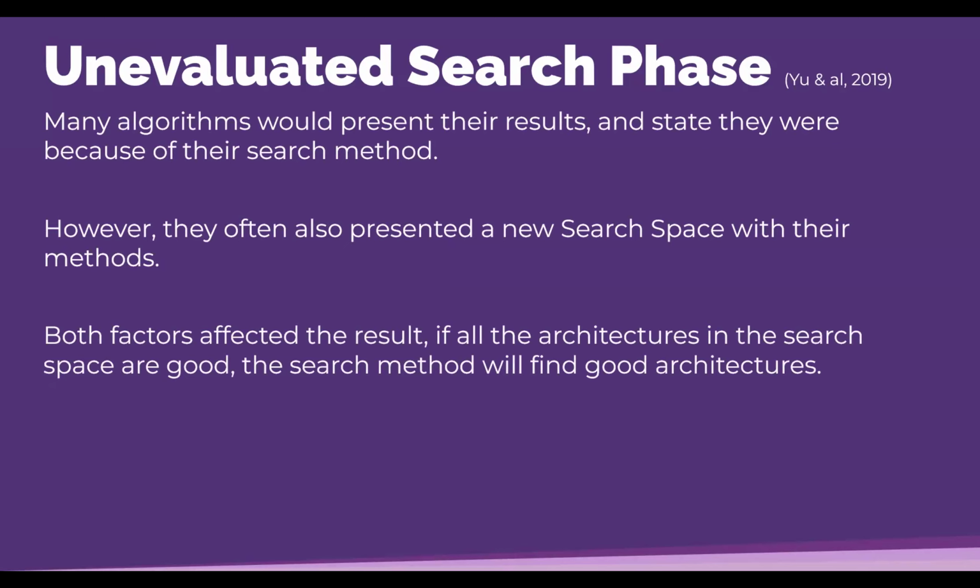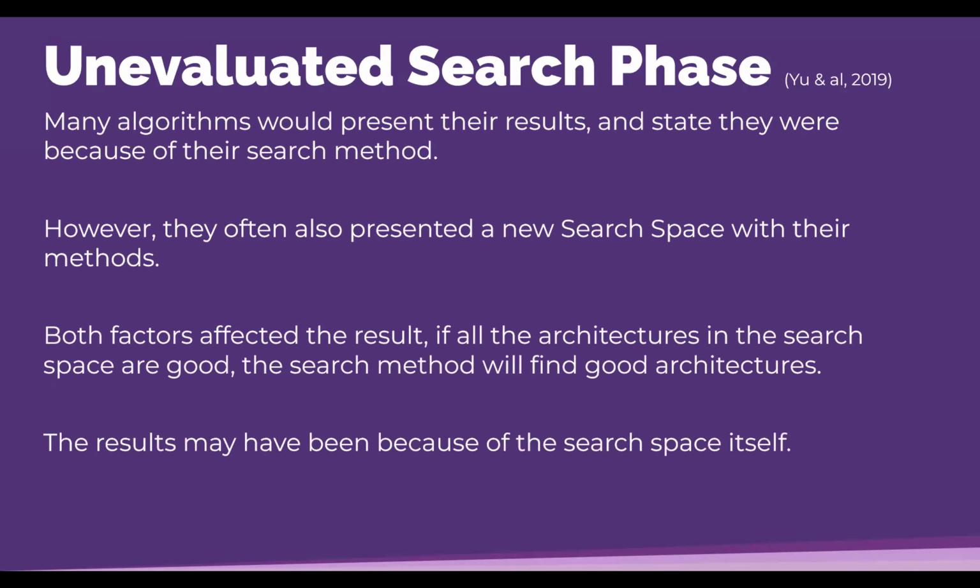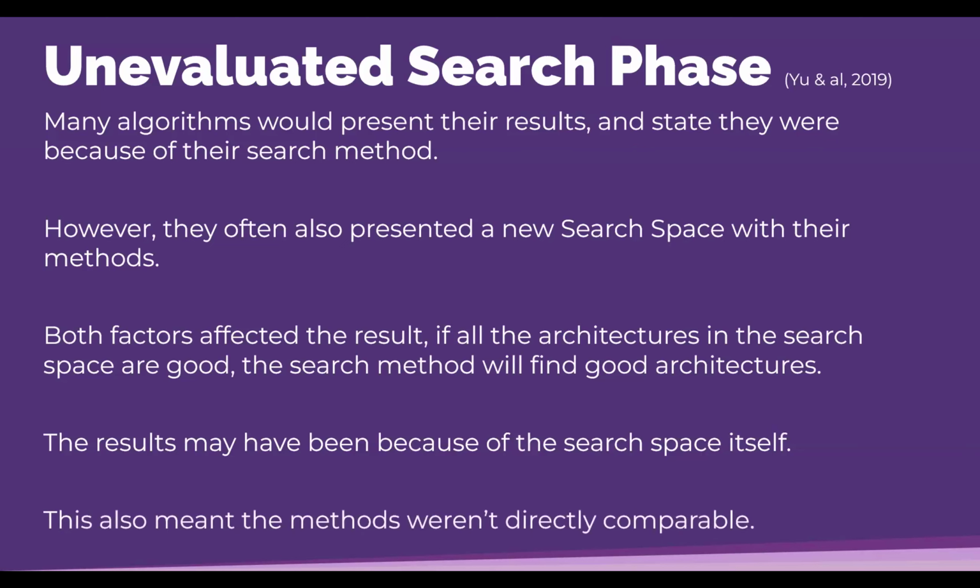And both these factors affect your result. If the architectures in the search space are good, you're going to find good architectures. If all of them are bad, they're going to find bad ones. And so we can't really say if the results are because of the search method or because of the search space themselves without ablation studies. And it also meant that methods weren't directly comparable. Sure, your method might get 6% more, but if my search space doesn't allow you to get that 6% more, that doesn't necessarily mean that your search method is better than mine.